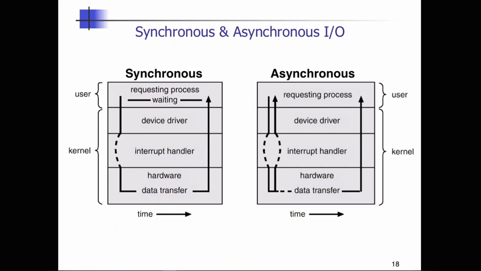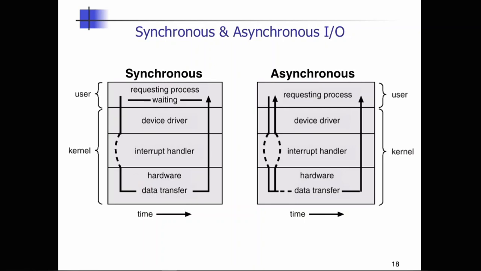So let's see what happens at the start. To start an IO operation, the device driver is going to load appropriate registers within the device controller. So the device driver, which sits right under that process, is going to load appropriate registers in the device controller or hardware controller, which is way at the bottom over here.